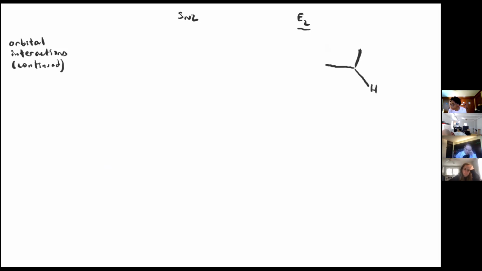Let me draw out what's happening between the base and the hydrogen that's being eliminated. So the base is going to come in and attack the CH bond, remove a proton, okay? The MO description of that is that the base comes in and attacks sigma star of the carbon hydrogen bond. So draw that here.